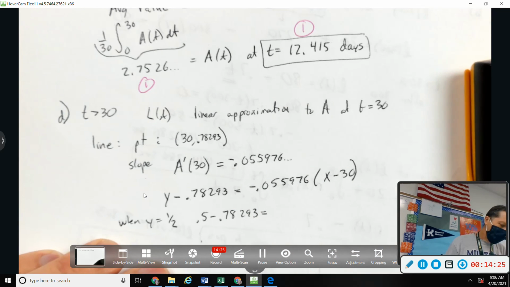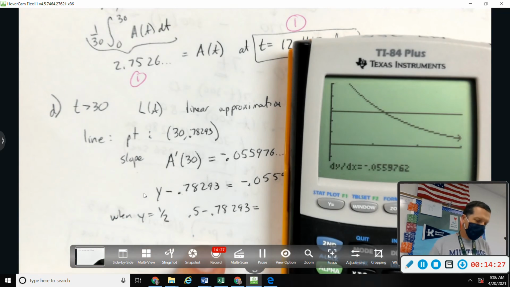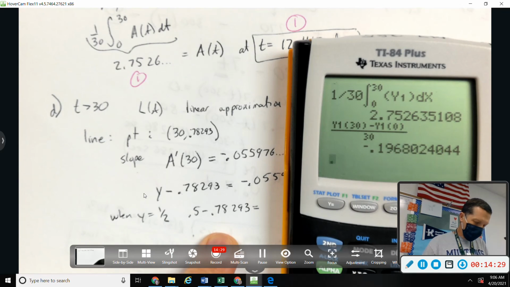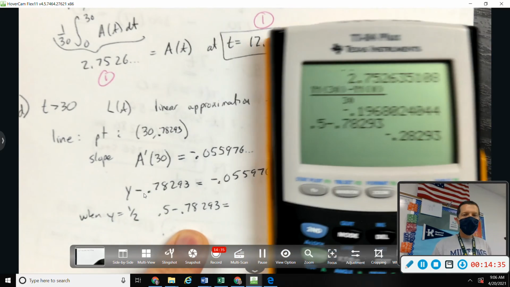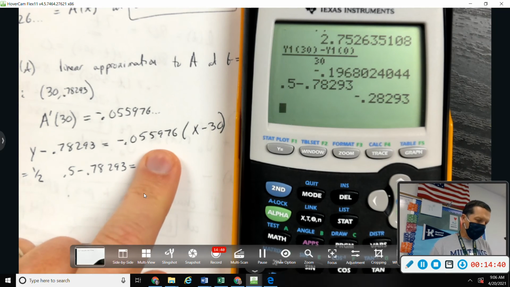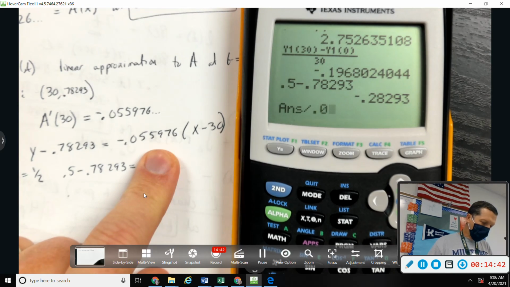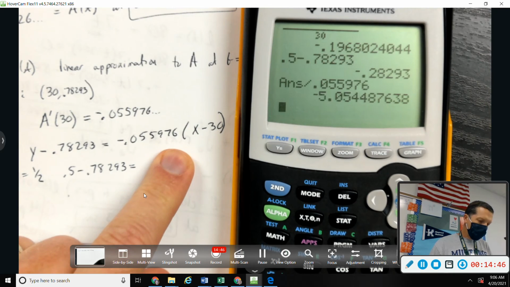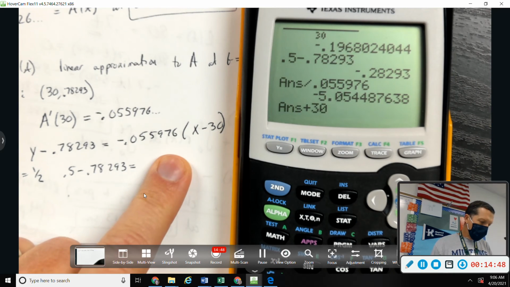And I don't have to show my algebra steps. So 0.5 minus 0.78293. I'm going to kind of do the algebra on the fly here. And then I'll divide by negative 0.055976. Oops, I was supposed to divide by the negative of that.